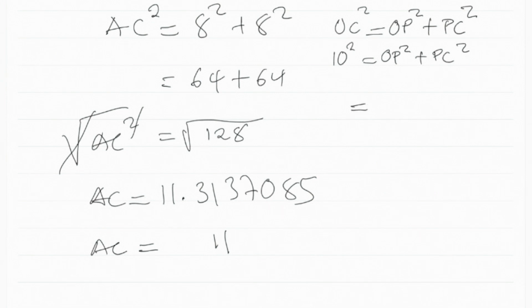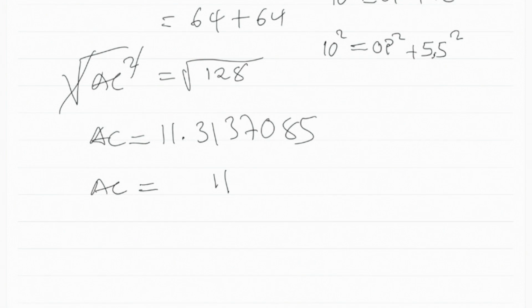And then when you replace there, we have 100 here, 10 squared, and OP squared plus 5.5 squared. I hope you know where this is coming from. So making OP squared the subject of formula, we are going to have OP squared equals 10 squared minus 5.5 squared.